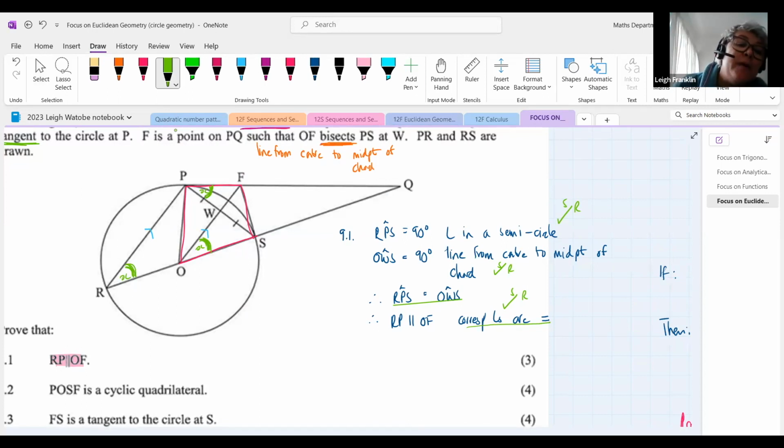So now the green angles inside this pink cyclic quad are equal. That's angles in the same segment. Look, line FS subtends P, and it subtends O. So that's why the quad would be cyclic. Can you see that?